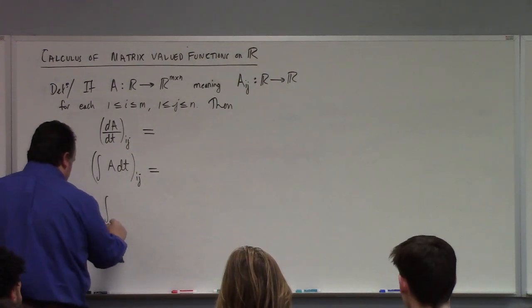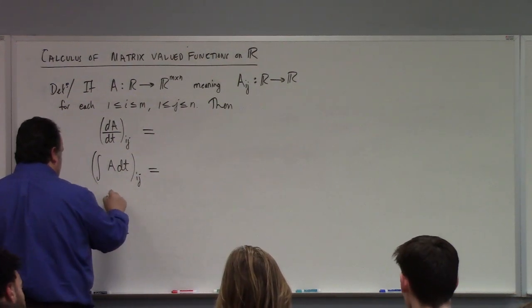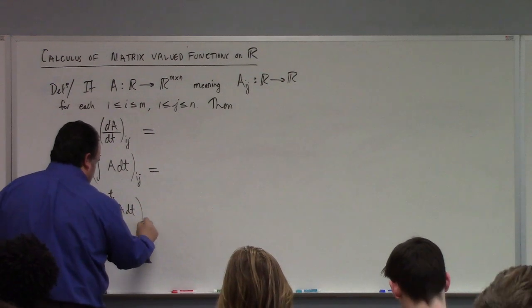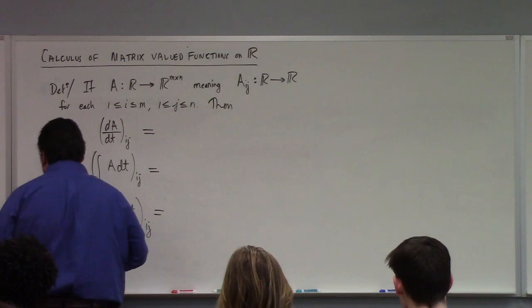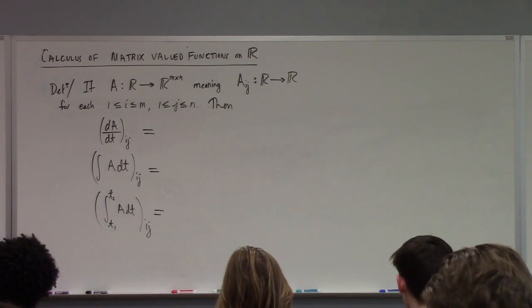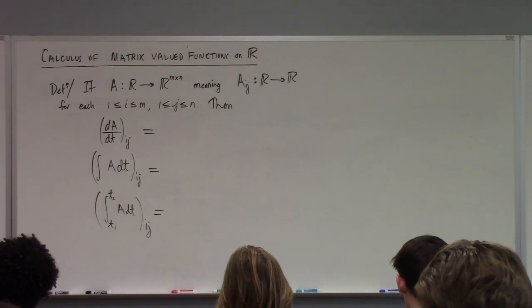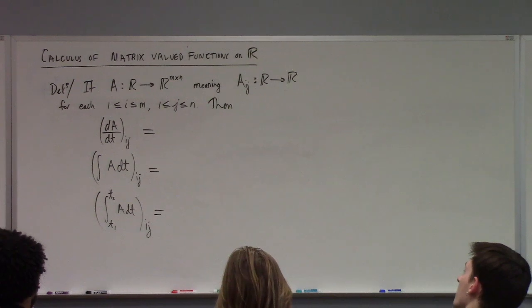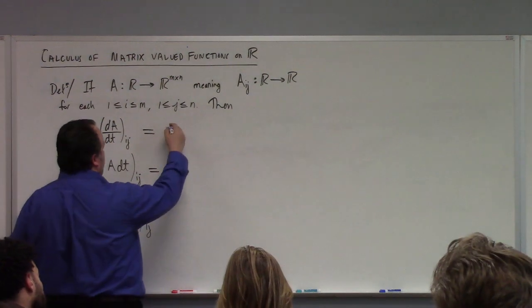And the integral from, say, t1 to t2 of A dt, the ijth component of that is something we can define. Care to guess what the definition is? How do we differentiate a matrix, do you think? We differentiate each component separately is the correct answer.